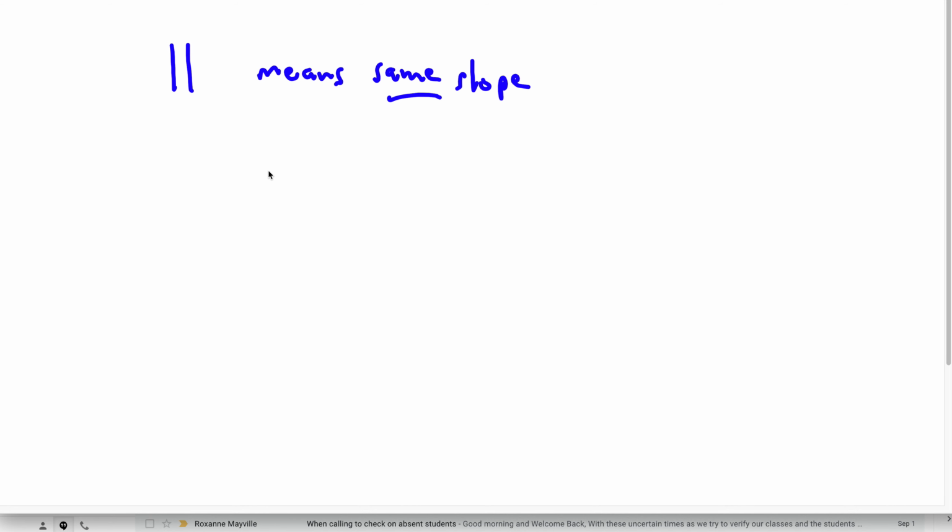Okay? And this means that if you had an equation, y equals, let's say, 2x minus 3, a line parallel to that would be any line y equals 2x plus, I don't know, let's say b.